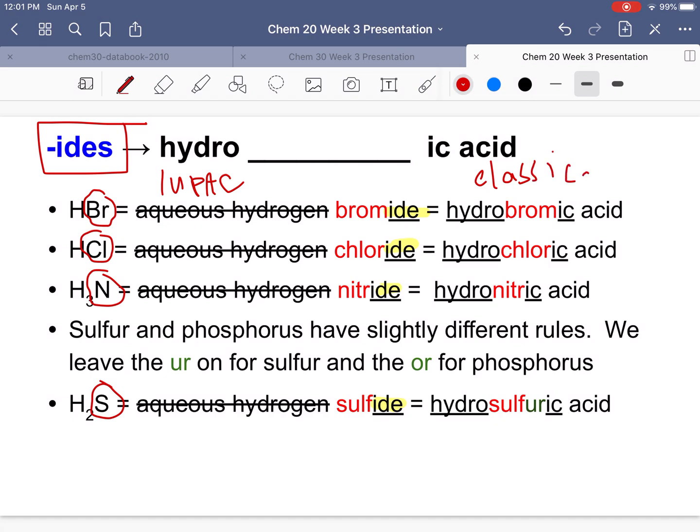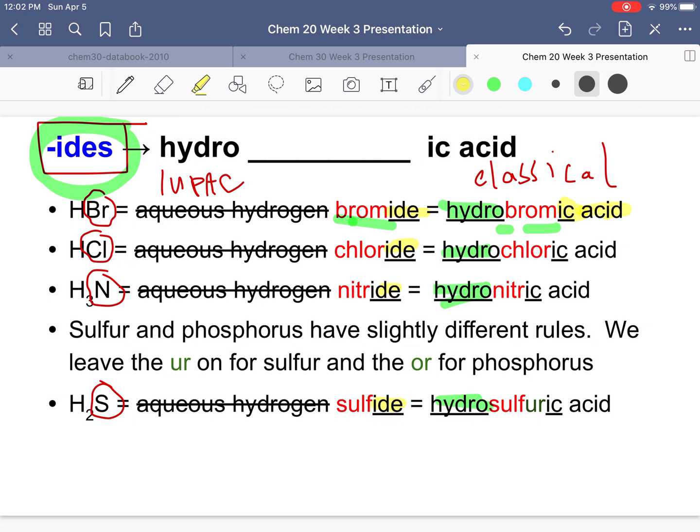This is the one exception where you need to put that hydro in front when you are dealing with the ide on your anion. So all of those, hydro, but then notice what we do. We keep the brom, but instead of ide, that gets replaced with ick, an acid, hydrobromic acid.